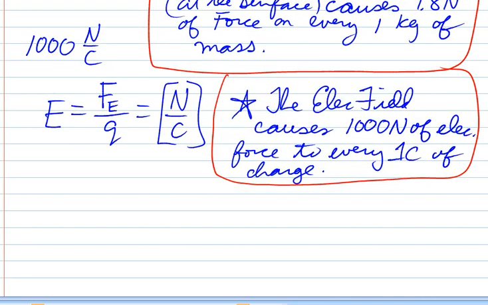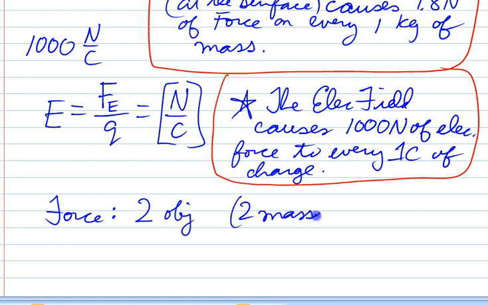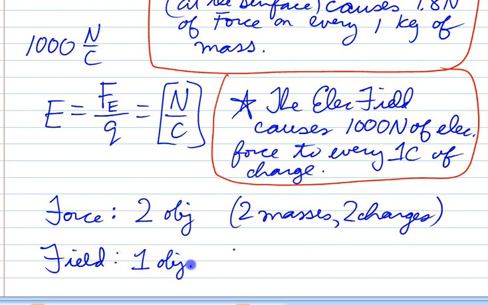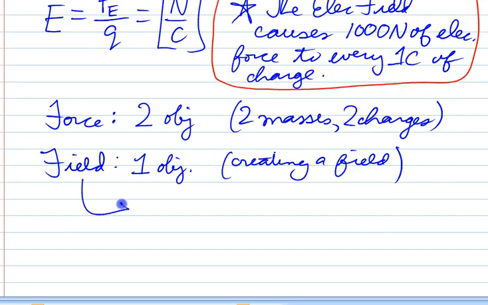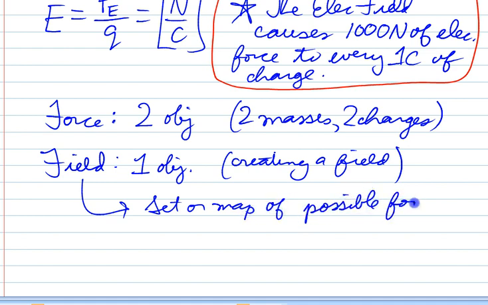Okay, and now finally, the last thing that I want to say is that in order to have a force, you need to have two objects. You need to have two masses, or you need to have two charges. Well, with the field, this is not the case. With the field, you only need to have one object, which is creating a field. In other words, a field is a set or a map of possible forces.